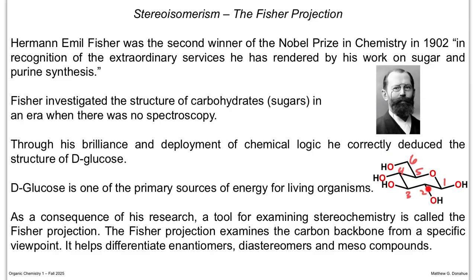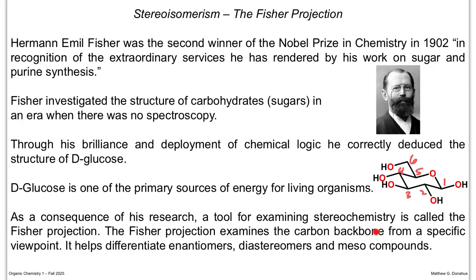But the reason that the Fisher projection is useful is if you're comparing 16 different things, how do you figure out the relationships between them? The chair is probably not the best way of doing that. So we're going to look at the carbon backbone from a different viewpoint.